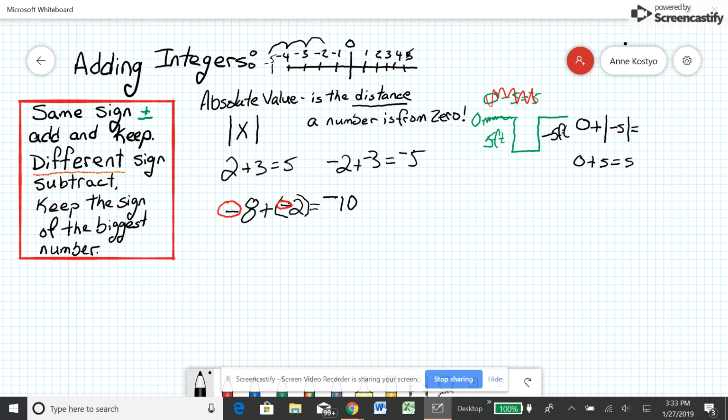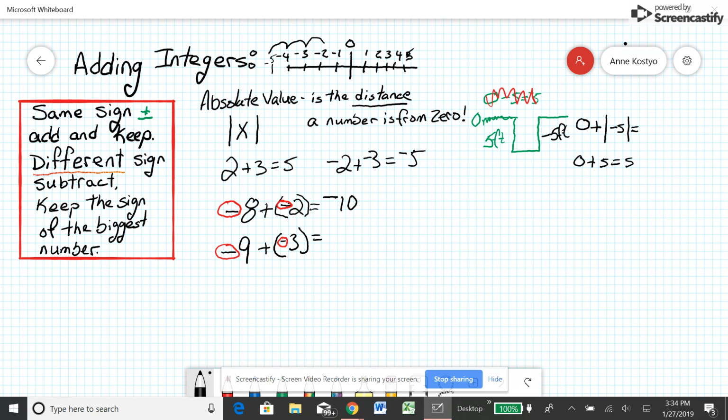But what if they start to throw you a curveball, which a lot of homework problems like to do? So we are going to take a look at -9 plus a -3. And again, we are going to look at the signs. Well, we have a -9 and we have a -3.